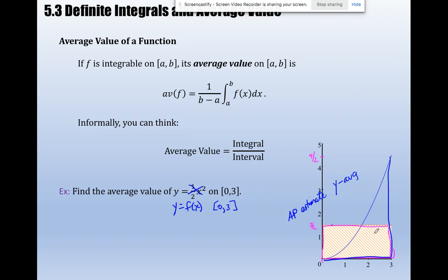Could you draw me an estimate of y average? They want you to draw a horizontal line starting at 0, stopping at 3, and say all the area that is above the purple line would smush down and fit into the area here that is above the curve but below the purple line. Crazy.